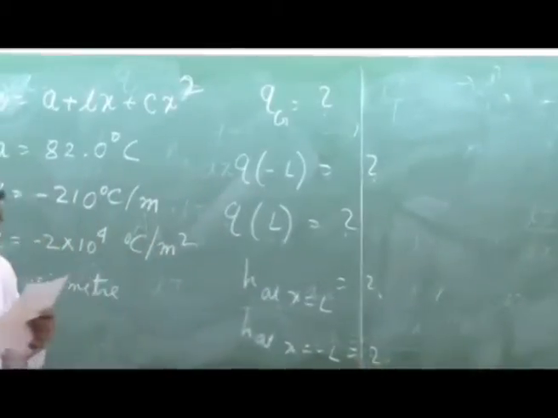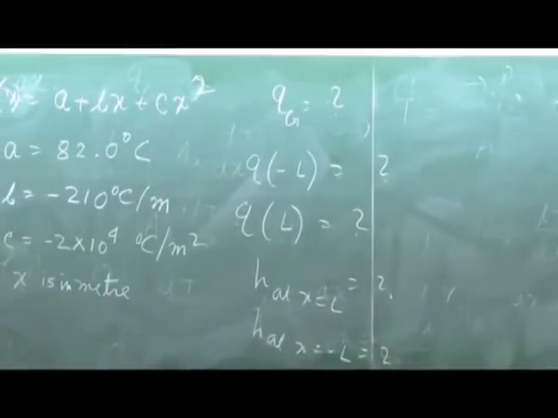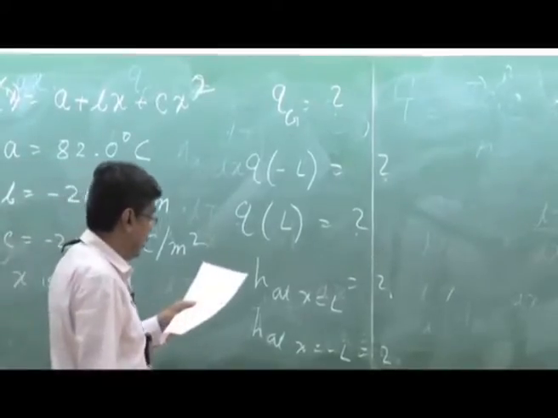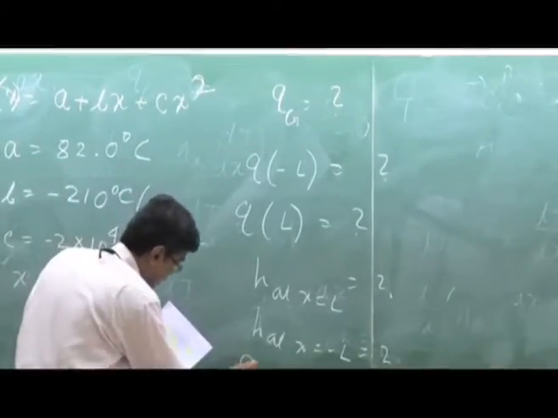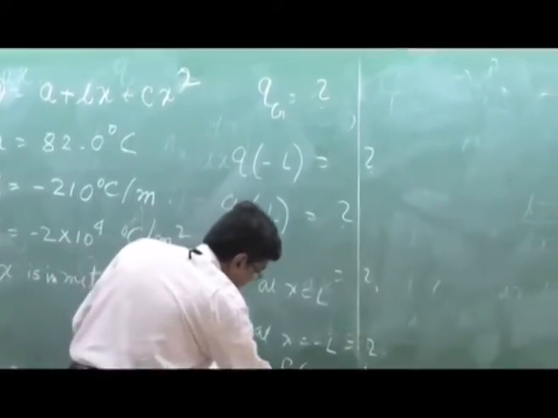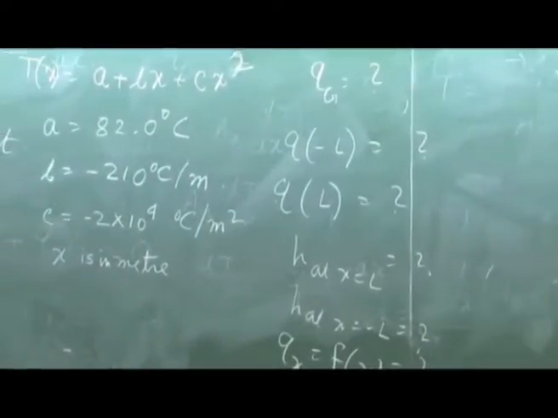All these things have to be found out, and obtain an expression for the heat flux distribution qx as a function of x. So many things are asked for. This is because the problem is very simple.